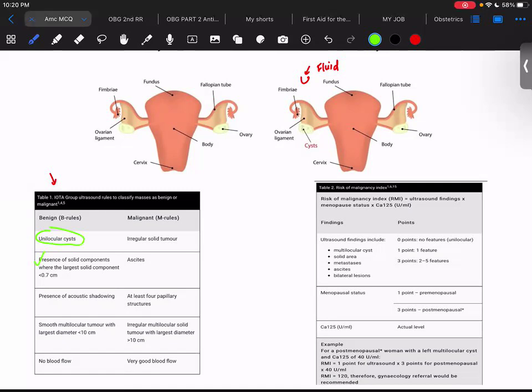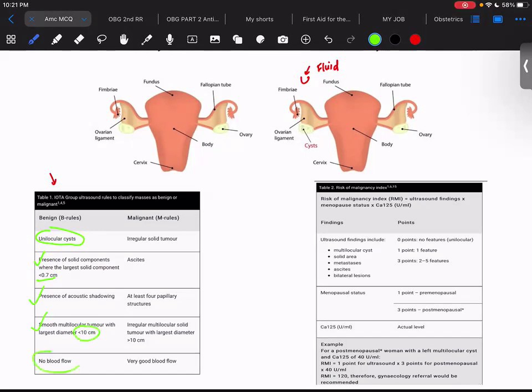Presence of solid components where the largest solid component is less than 7 millimeters, presence of acoustic shadowing, a smooth multilocular tumor with largest diameter of less than 10 centimeters, and no blood flow.